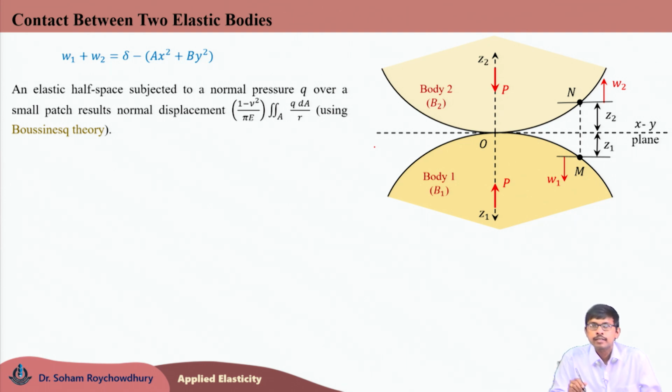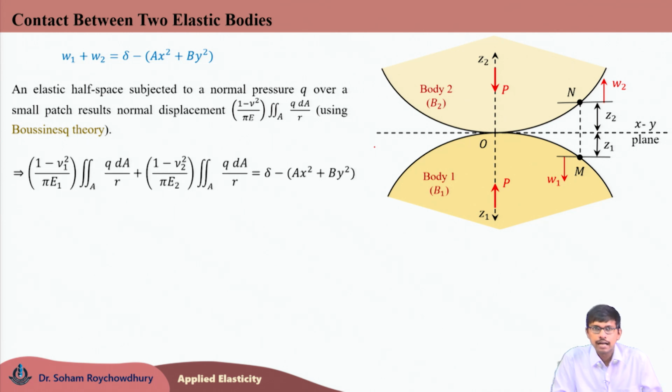Instead of applying the normal load at a point, if we apply a normal pressure distribution of intensity q over a small area or patch of contact, for such a case the Boussinesq theory predicts the deformation in a similar fashion as the Flamant theory in the normal direction: (1 minus nu square) by pi E, area integral of q dA by r.